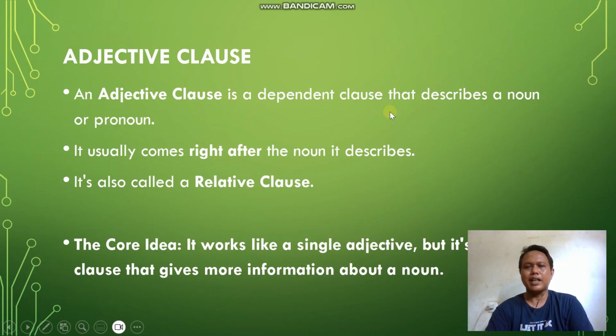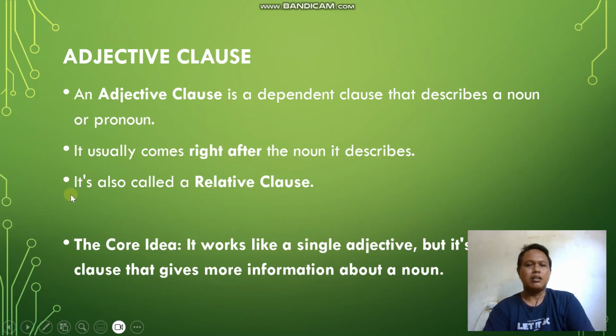An adjective clause is a dependent clause that describes a noun or pronoun. It usually comes right after the noun it describes. So the position of an adjective clause is right after the noun it describes.